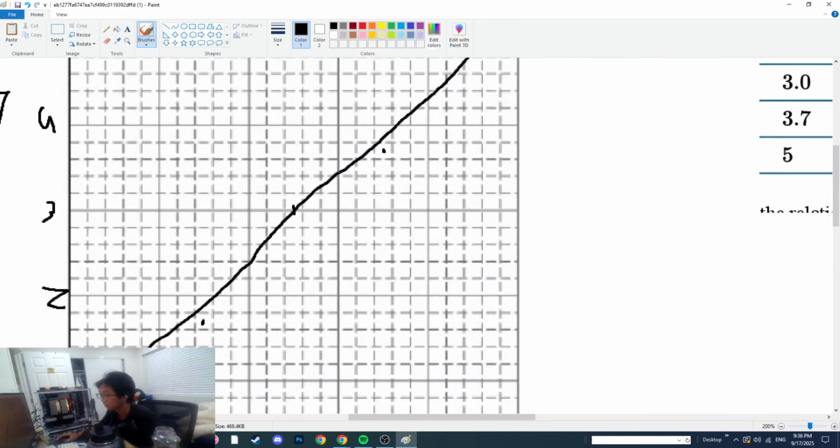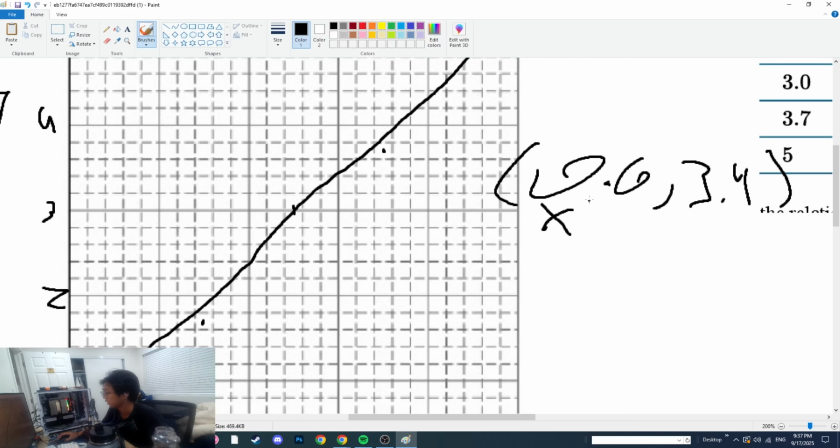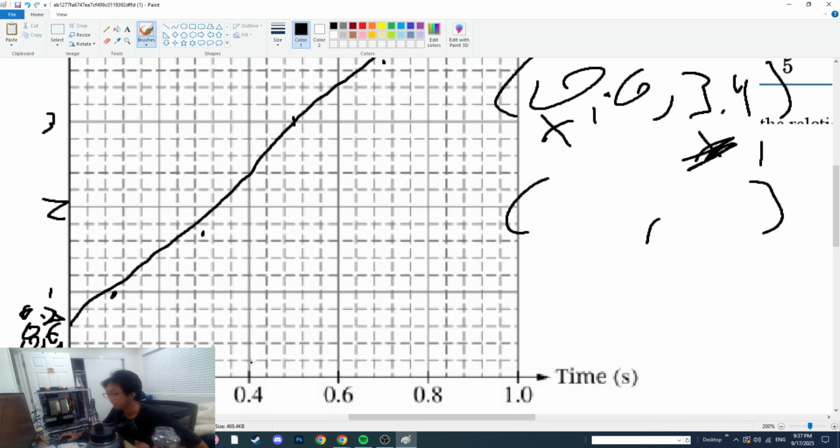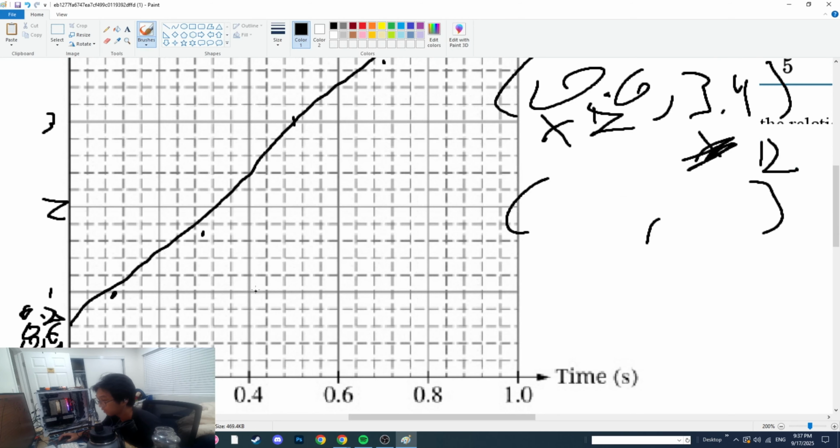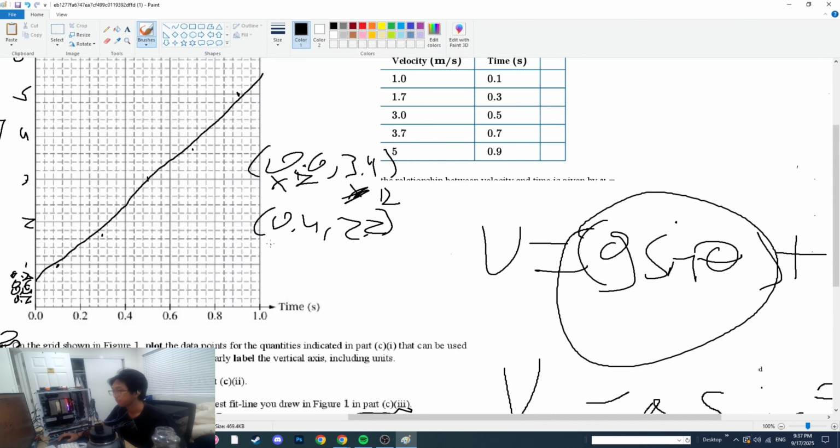So at 0.6, we can see that the y value is 3.4, and that's x1, y1. Actually, this will be x2, y2. And at 0.4, we can see that it equals 2.2.